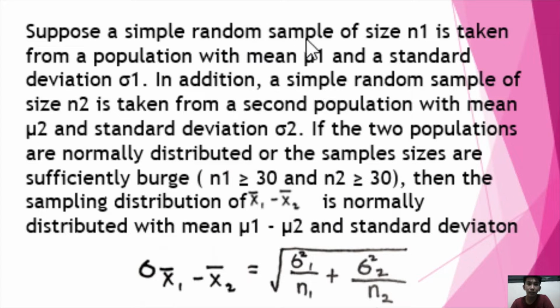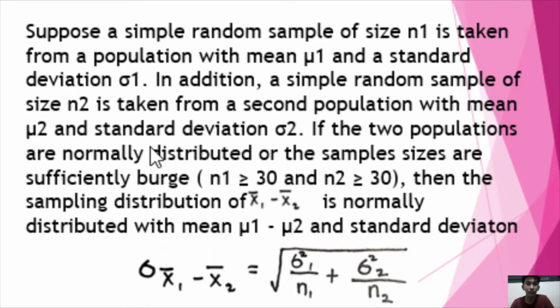Suppose a simple random sample of size n sub 1 is taken from a population with mean mu sub 1 and a standard deviation of sigma 1. In addition, a simple random sample of size n sub 2 is taken from a second population with mean mu sub 2 and standard deviation of sigma 2.